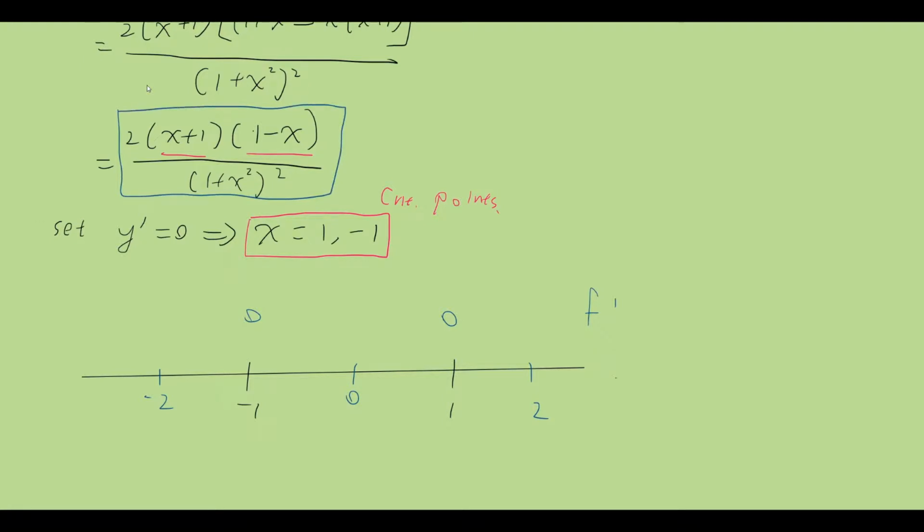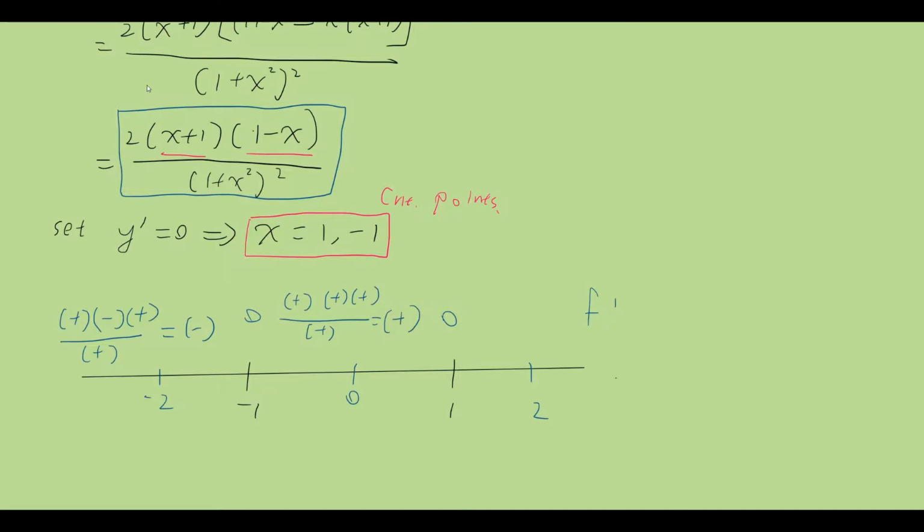what we have. Okay. So plugging in -2, we get a positive number. That's the 2. -2 plus 1, that's negative. 1 minus -2, that's positive, and then the denominator is always positive, so that'll give us a negative number. Plug in 0, we get positive, positive, positive over positive, which is a positive number, right?